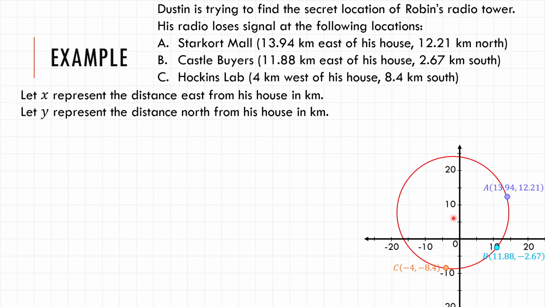Now, how would we find the center of a circle? Well, one way I can do it is by recognizing that the center is always going to be at the concurrency point of the right bisectors of a triangle. That's one way to tackle it.